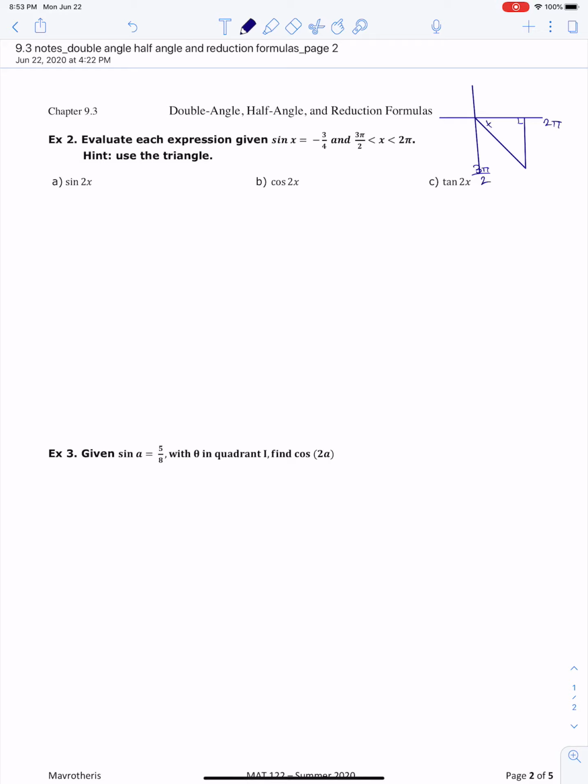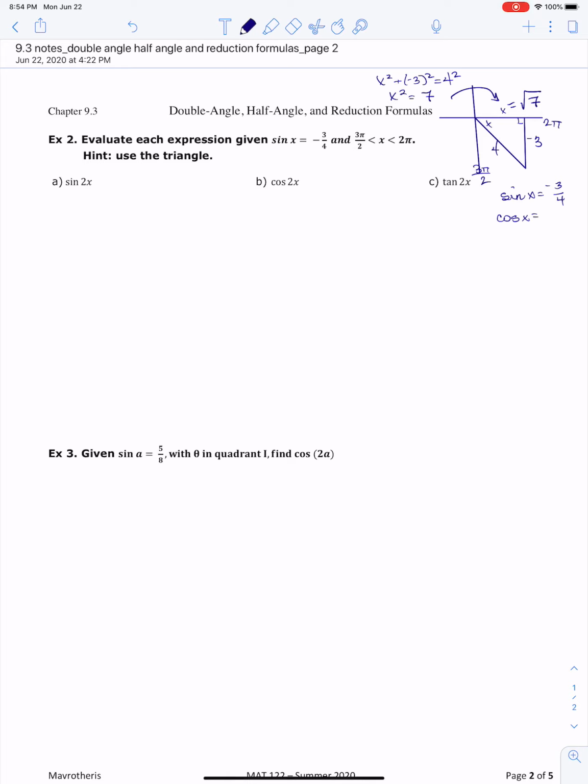And so let's find the length of this side x. I got x squared plus negative 3 squared equals 4 squared. X squared plus 9 equals 16. So x squared equals 7, which means our x equals the square root of 7. So I am going to list everything over to the right here, so I don't have to think too hard later.